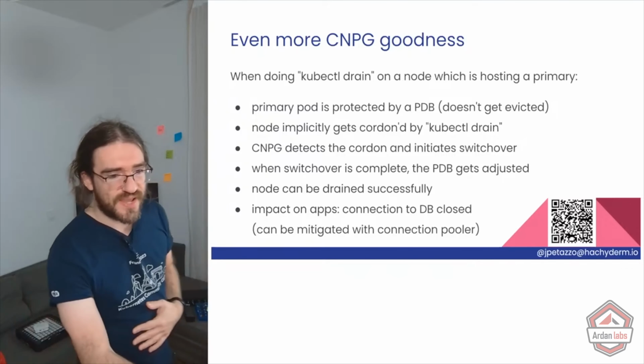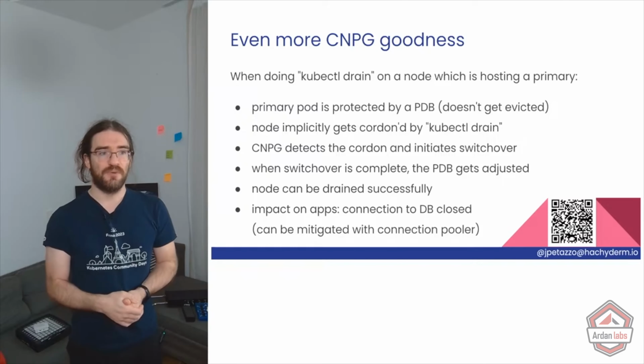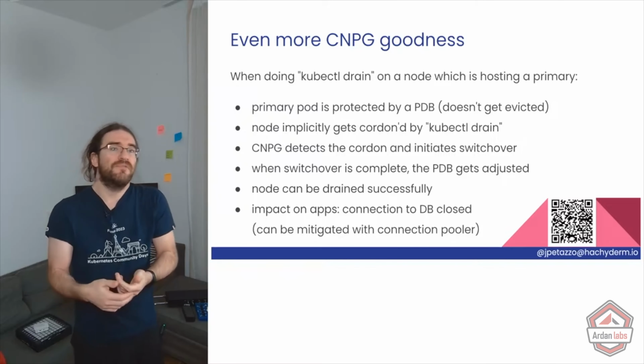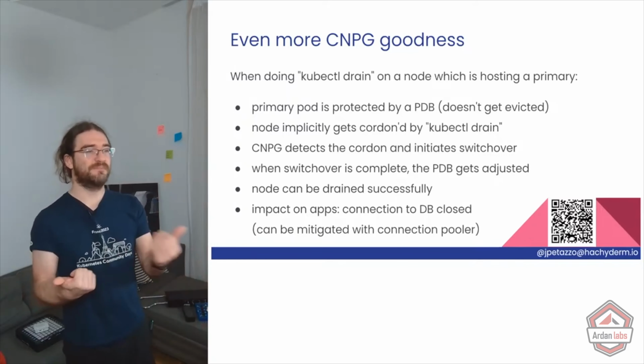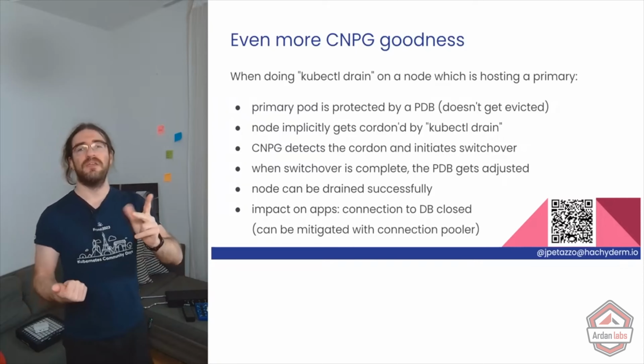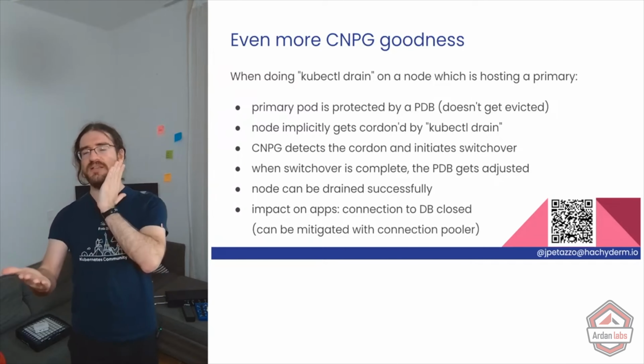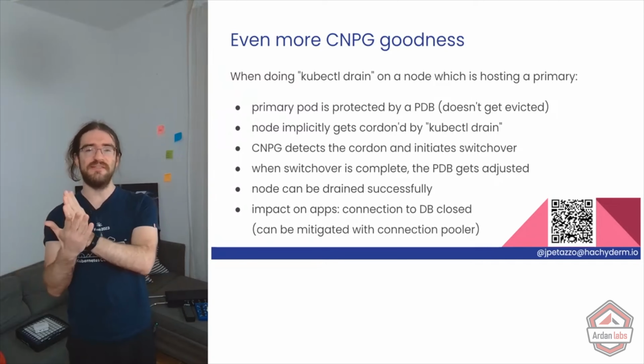The switchover itself is really quick. In my experience, it's barely a few seconds. So yes, during a few seconds, you can't write to the database because, if I remember correctly, the primary is put in, I think it's called recovery mode, so it's not going to accept new writes.